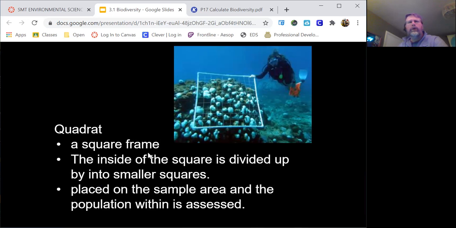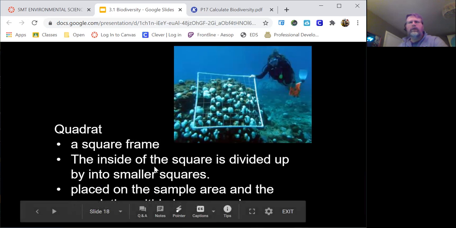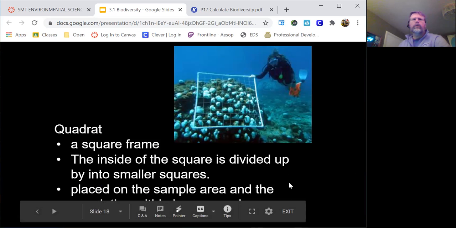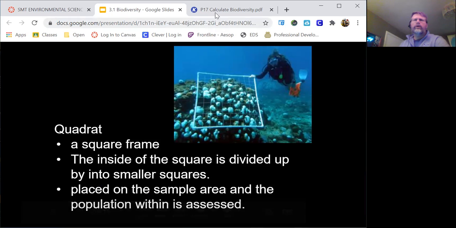Anywhere we can put down a square frame that is divided up into smaller squares, and then based on that sample area, we can find the population within each, identify them, count them, and total all those different species. Okay, so that is where we're going, making our own quadrats.